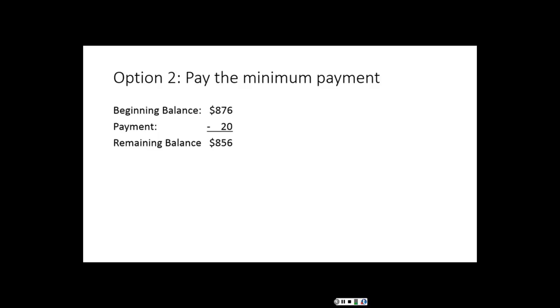You can look at your sheet up at the top, or you can recall our interest for this credit card was 24%. That's APR. So we make monthly payments. We don't get charged 24% every month. It's 24 divided by 12. 24 divided by 12 means the interest we pay is 2% each month.